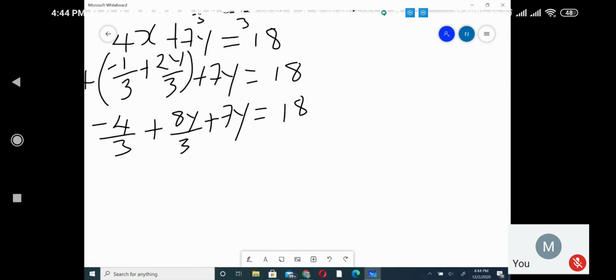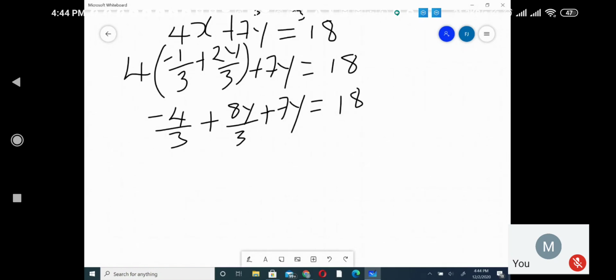Alright, let us get rid of the negative 4 over 3 so that for those persons who are revising, they will understand what we did in the rainbow cloud. So let's get rid of the negative 4 over 3 by doing what? How will we get rid of it?